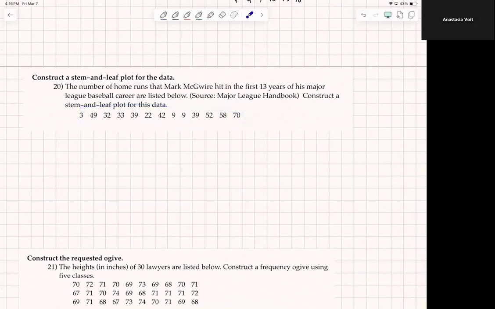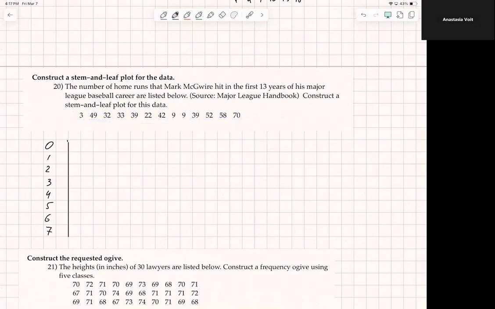We have some ones, we have the tens everywhere, and we see that the minimum is 3 and the maximum is 70, right? So probably it's a good idea to start with 0, 1, 2, 3, 4, 5, 6, and 7 as our stem, right? And the leaves would be the last value.